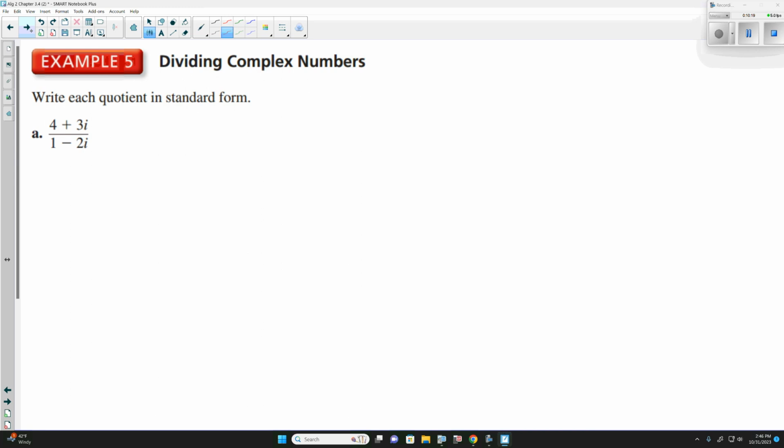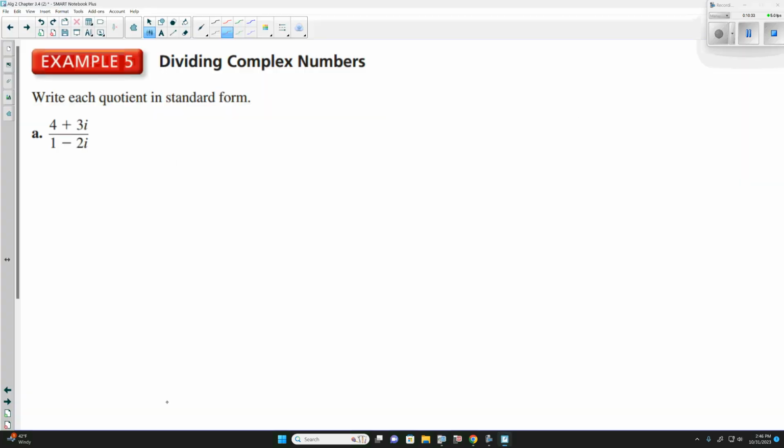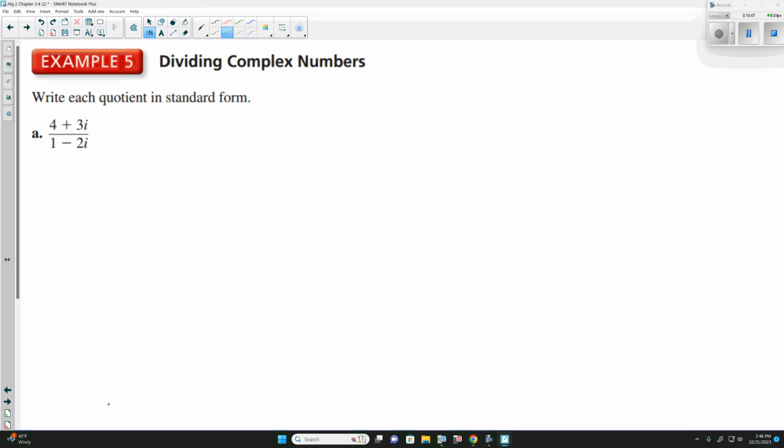Write each quotient in standard form. Now, standard form does not have i in the denominator. We need to get i out of the denominator. Alpha y equals, enter. So let's try to type it in the calculator first. 4 plus 3i over 1 minus 2i.